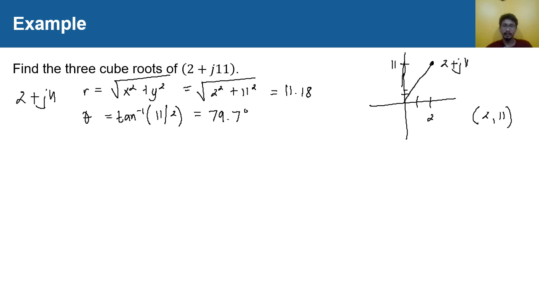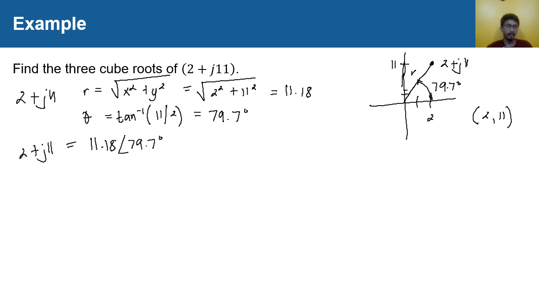The angle 79.7 is that one, so we have 79.7 degrees, and your r is 11.18. Therefore, 2 plus j11 is equal to 11.18 bar angle 79.7 degrees.